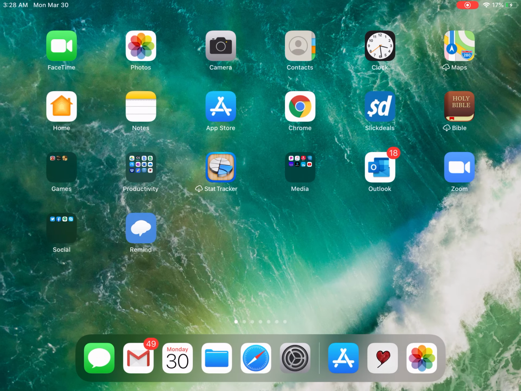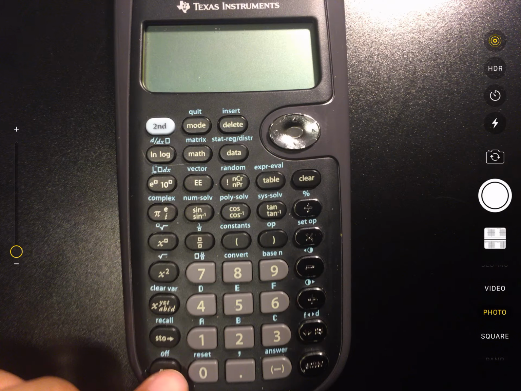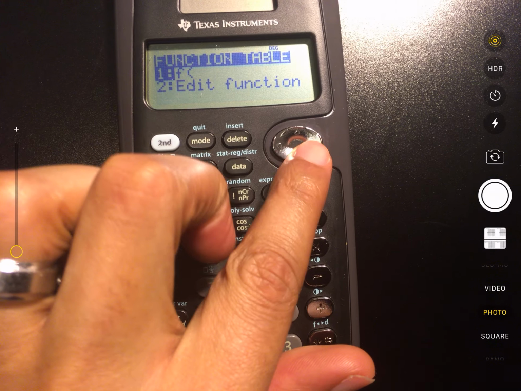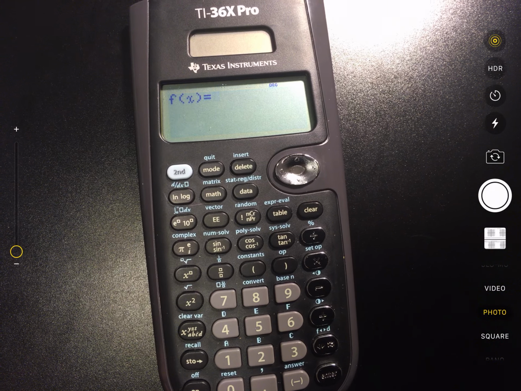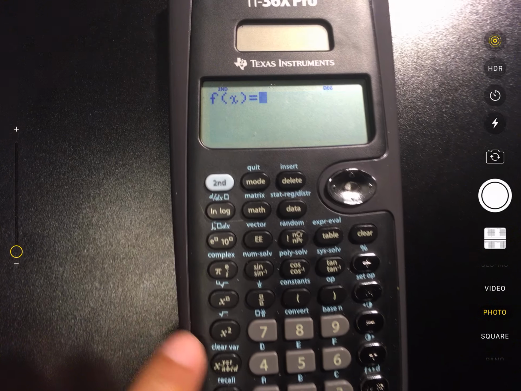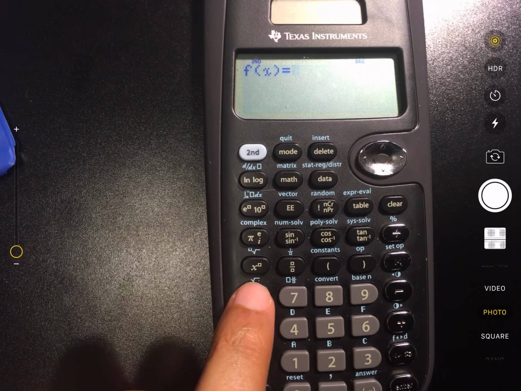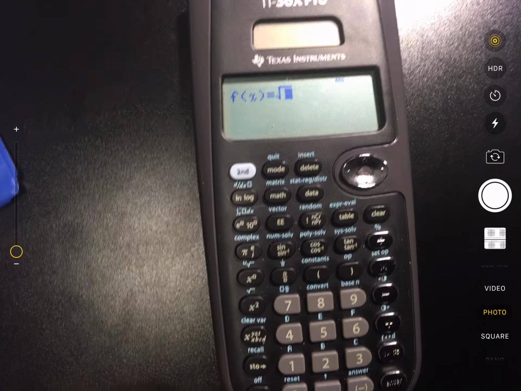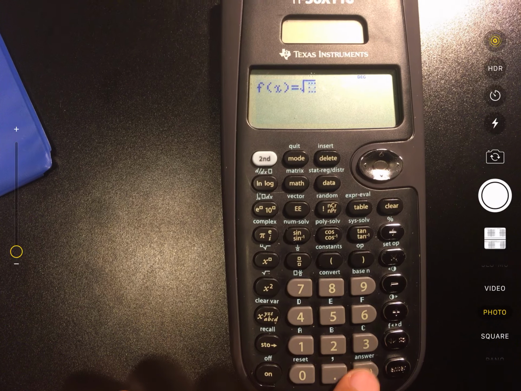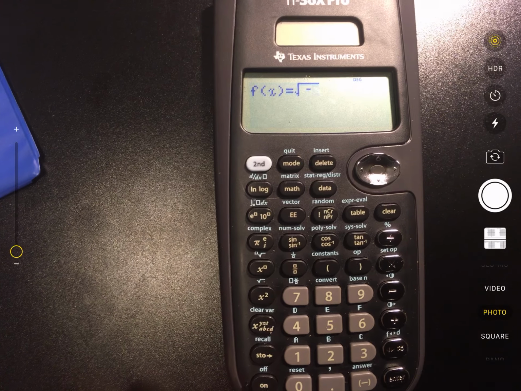Okay, next step is calculator stuff. We'll go to camera here, turn it on obviously, go to your table, down to edit function, clear everything out. Put second, and then we're looking for the square root. It's in blue, that's why we hit second.